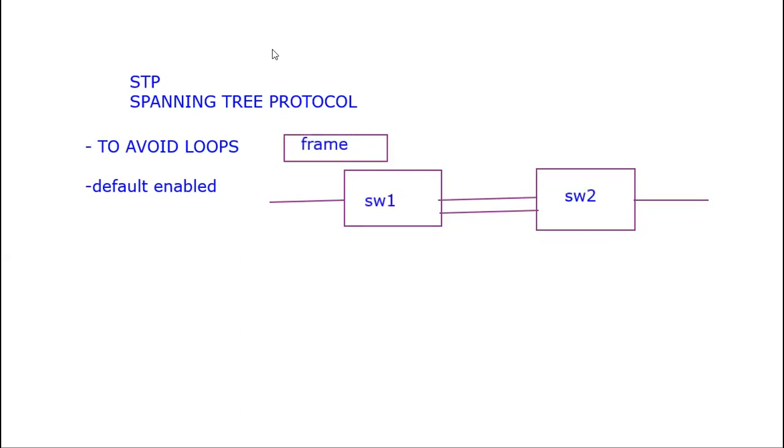How? If the frame has arrived here on this port of the switch, suppose the frame is a broadcast frame, meaning that the MAC address in the source field, the source MAC is FF, like this. This is the broadcast frame. In that case, what will happen?